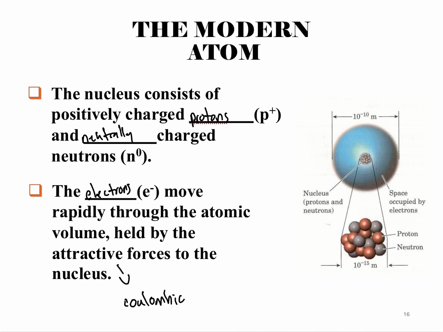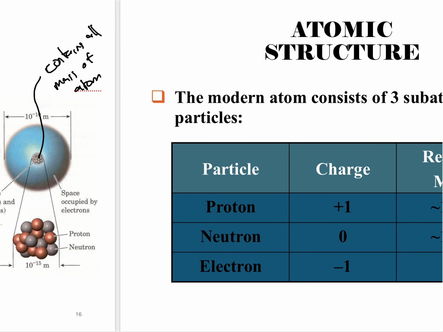So the atom itself is actually mostly empty. The space is taken up by rapidly moving electrons, and then the nucleus contains almost all of the mass of the atom, right? So the nucleus contains all the mass of the atom and takes a very, very small volume, which is why the particles went through.